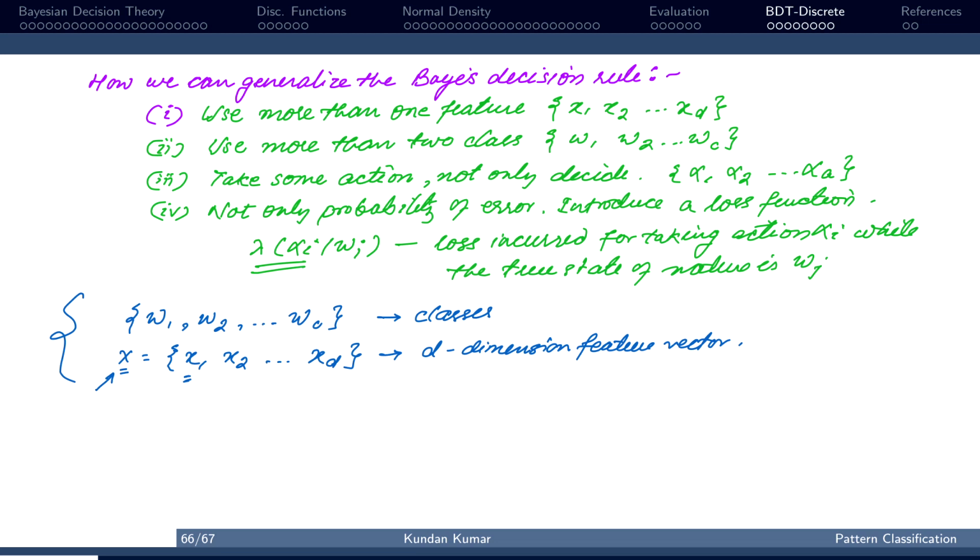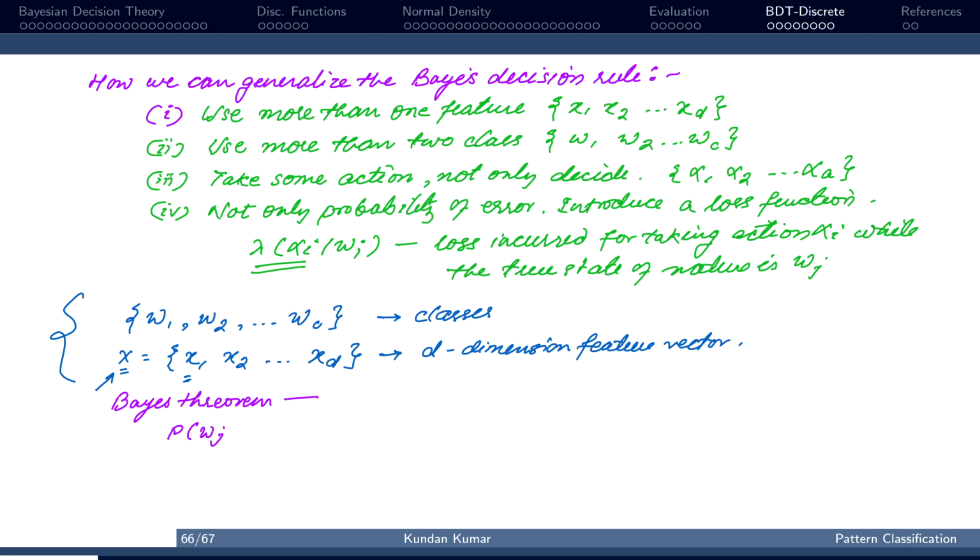So before that, we can define our Bayes theorem as P of omega j given x.